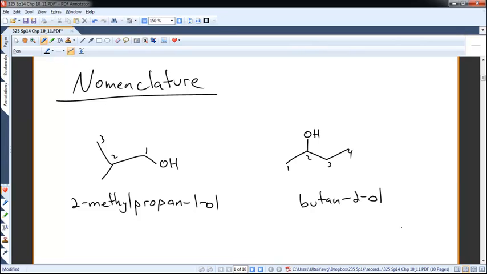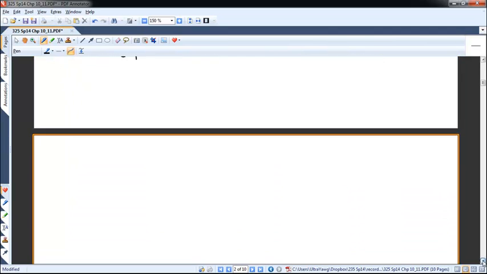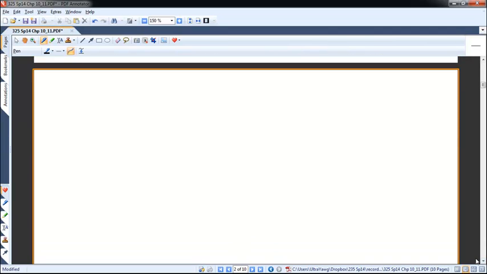Easy peasy. Okay, if we have multiple functional groups, like an alkene or an alkyne, we touched on this last chapter. Suppose we had something like this.